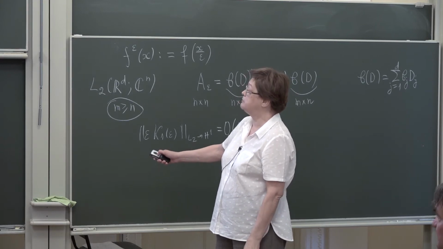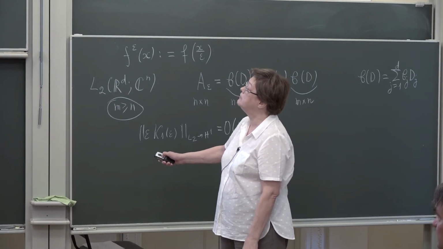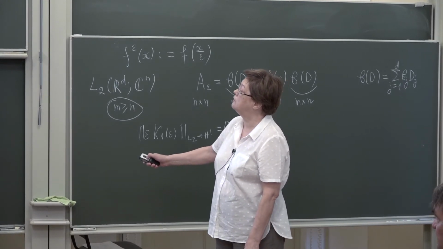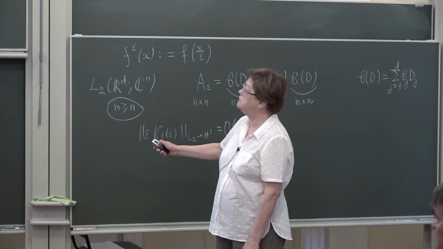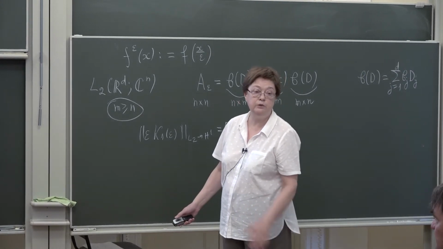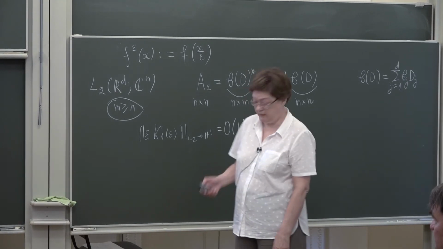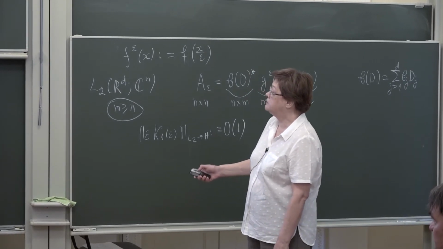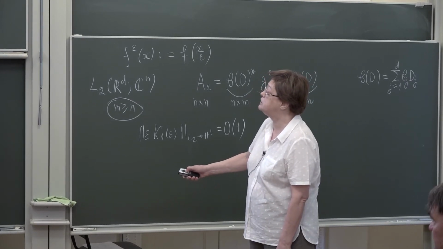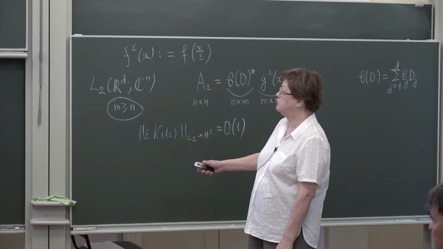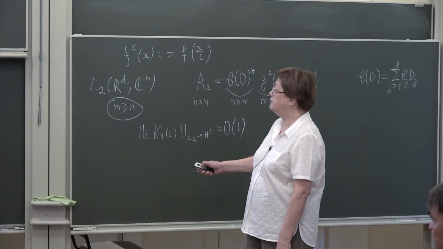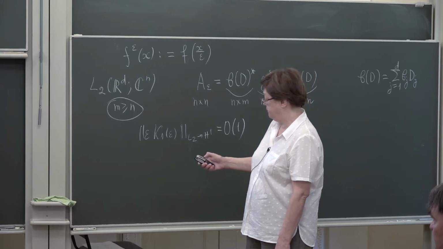A more accurate approximation with error of order epsilon squared was found by Lisa Vasilievskaya in 2009. K is the corresponding corrector, which is similar to the elliptic corrector. And also, an approximation in the energy norm was obtained, the norm from L2 to H1, and the error is of order epsilon.